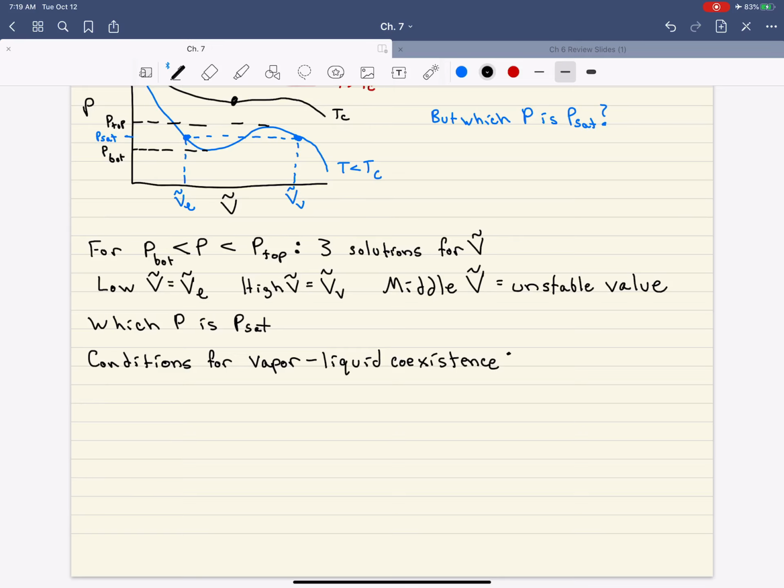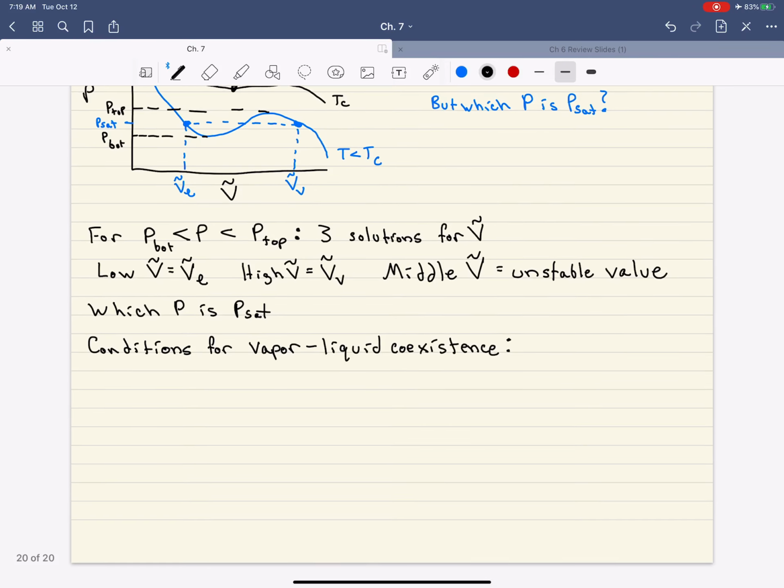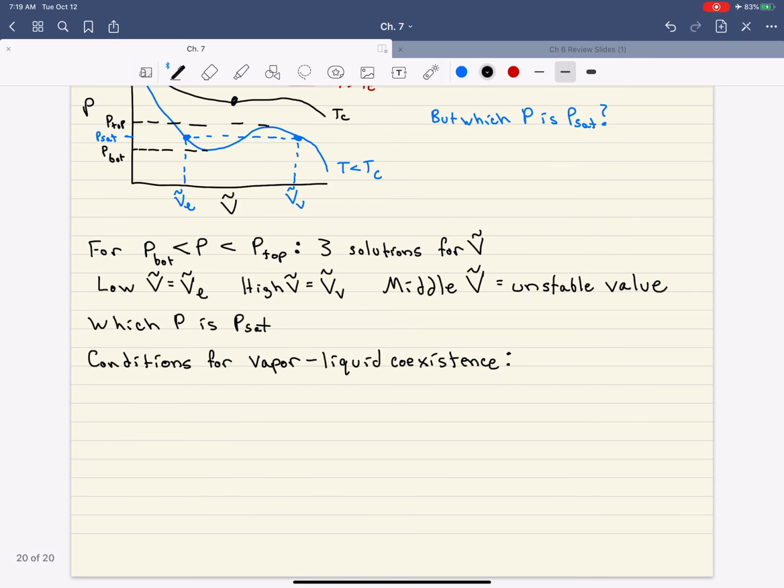The criteria that determine whether the vapor and liquid can coexist with one another are the same criteria that we've discussed before.